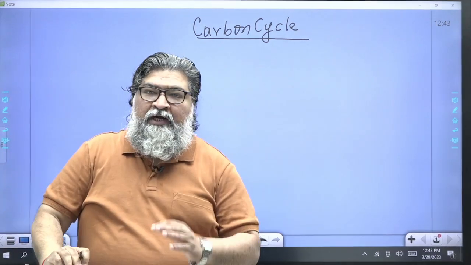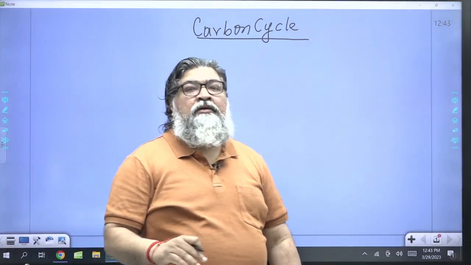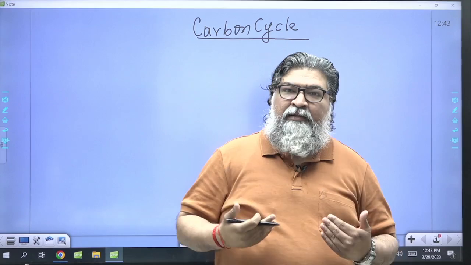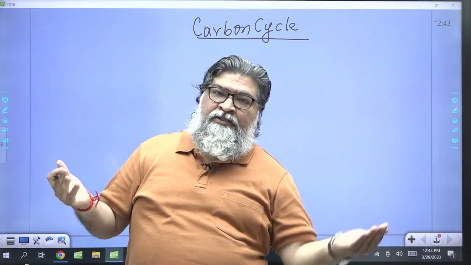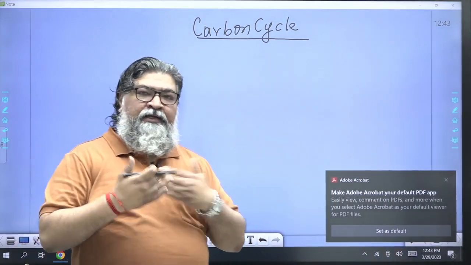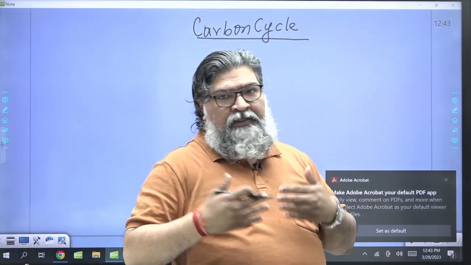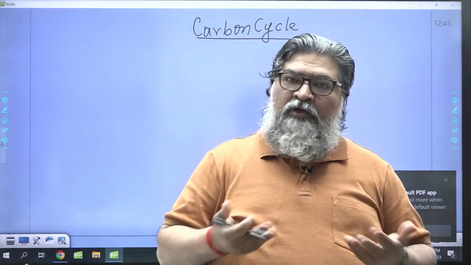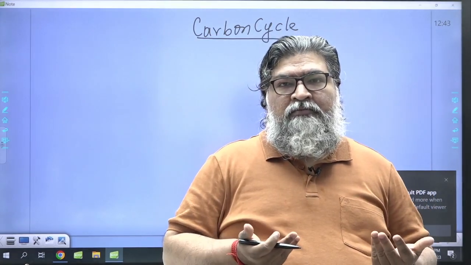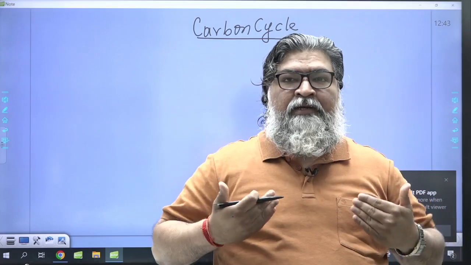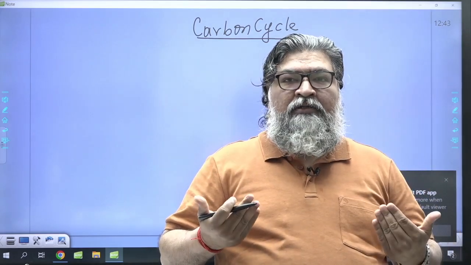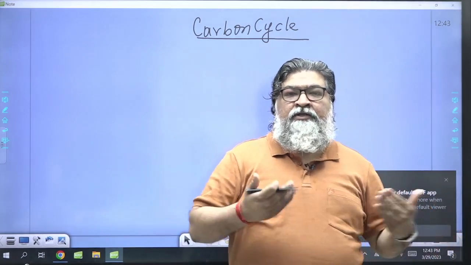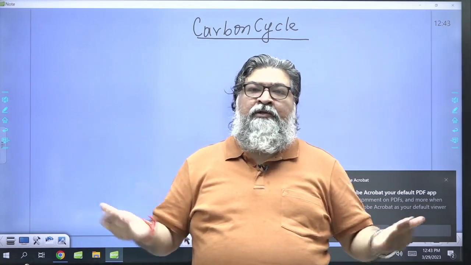The biogeochemical cycle, or carbon cycle, becomes really very important. Every living organism, whether man, plants, animals, bacteria, or fungi, any animal or plant or microorganism, is made of carbon. All living organisms contain carbon, because the body is made of organic matter: carbohydrates, proteins, lipids, nucleic acids, DNA, RNA all contain carbon.